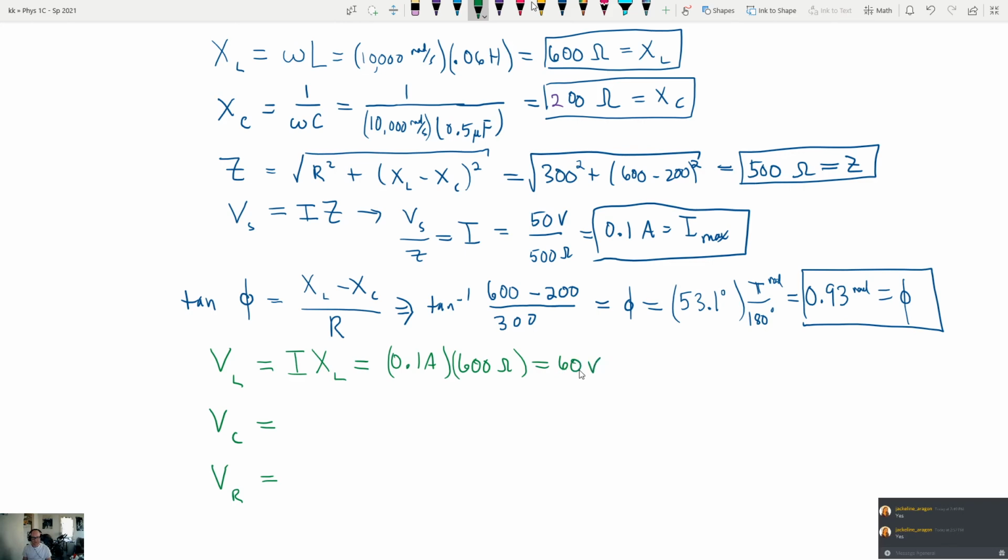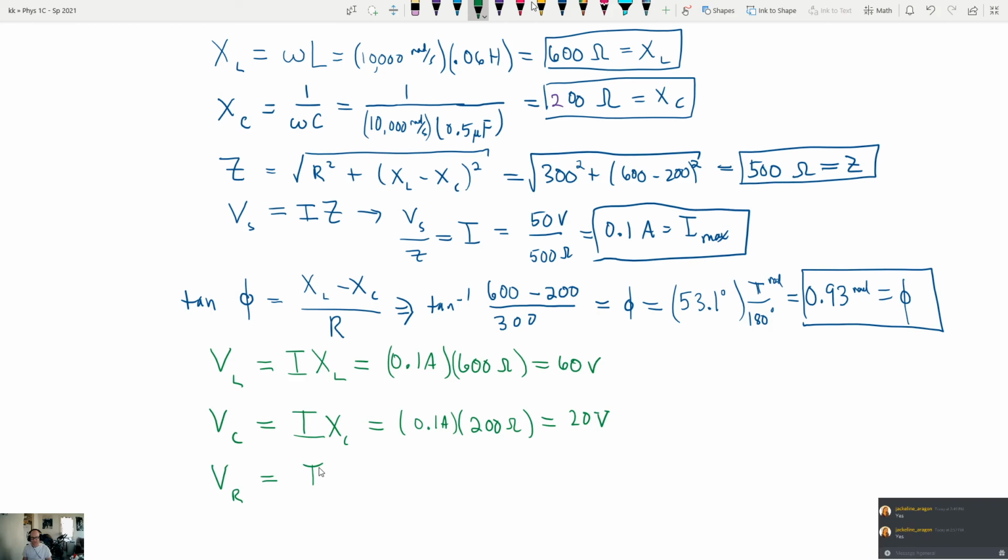Notice, this is actually bigger than the voltage of the source, right? Did I do that right? I did, right? Okay. Yep. VC, I times XC, is going to be equal to 0.1 amps times XC. XC was 200. So we get 20 volts.